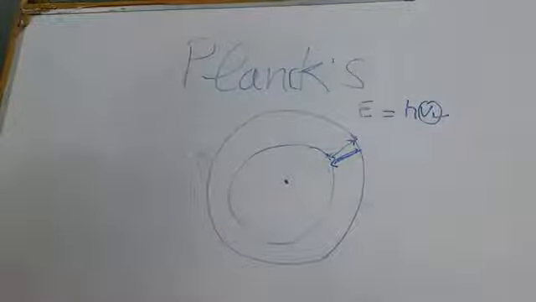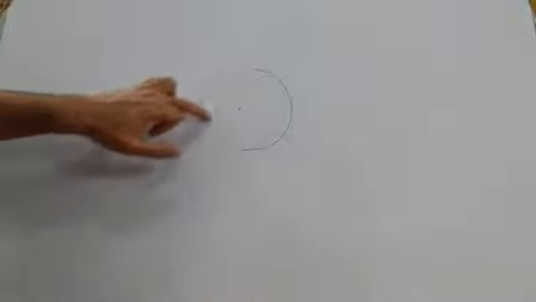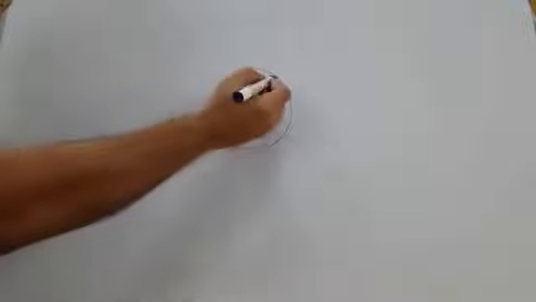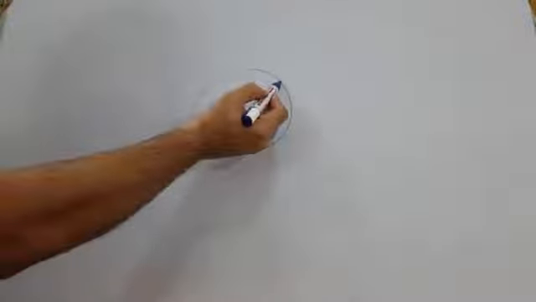Let us discuss Bohr's postulate in detail. Bohr proposed that in an atom in the ground state, means this is the closest orbit in which the electron revolves generally, and when energy is supplied to this electron, it would absorb only a certain amount of energy and not any amount of energy.